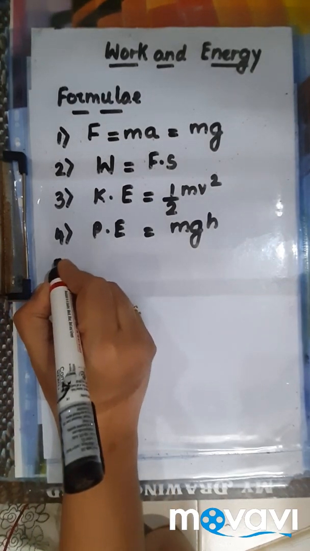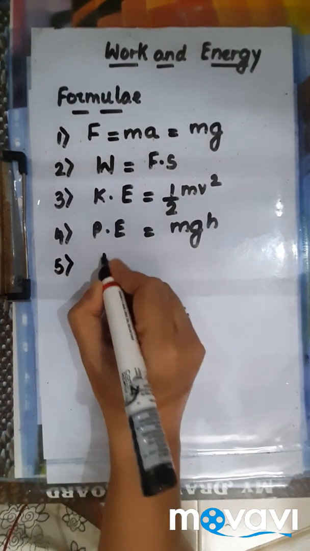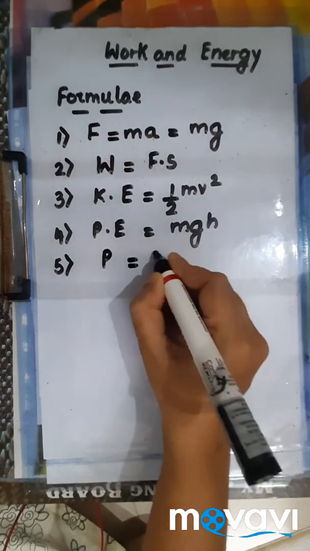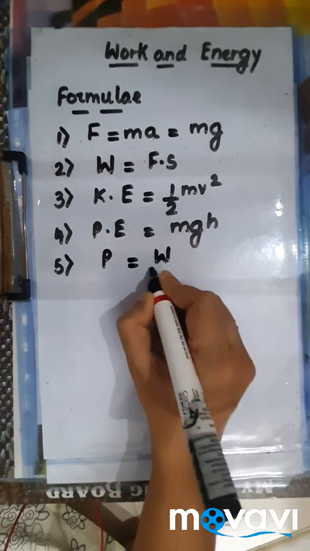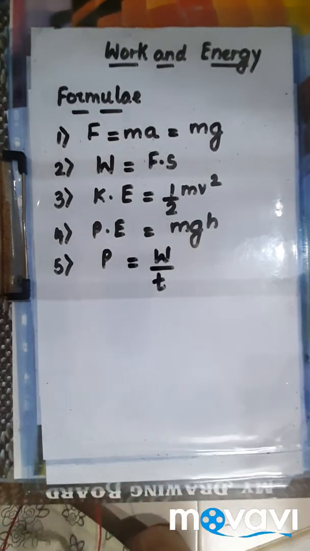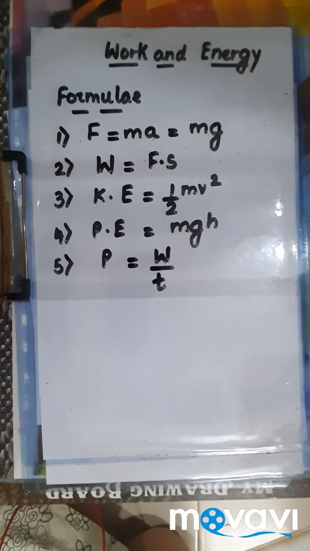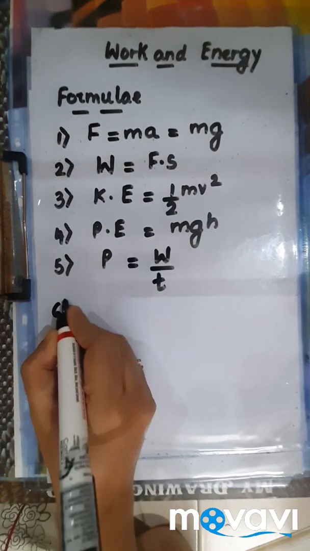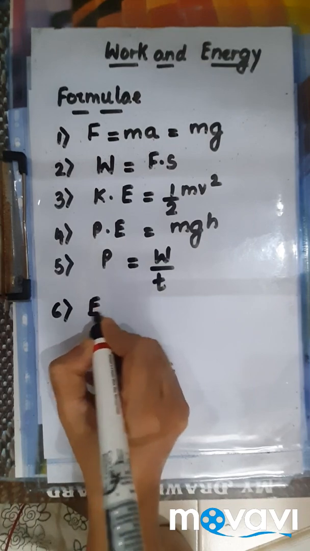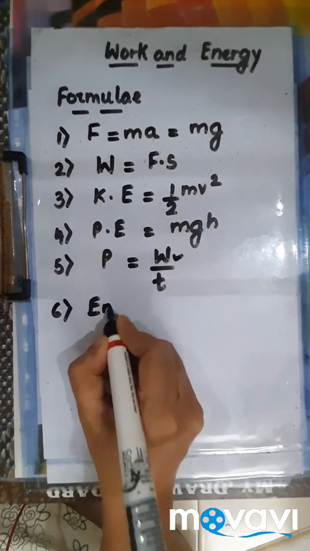Now, we also have learnt about power in this chapter. So, power is equal to work upon time. And we can say that energy consumed, this actually is this work formula only.